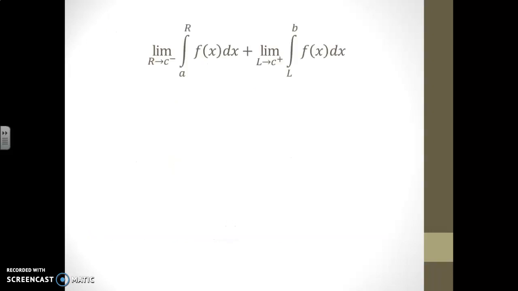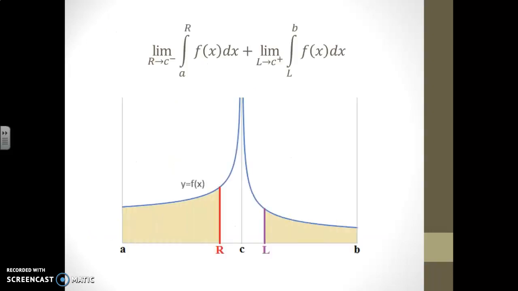Again, to help visualize, think of a scenario where we would love to integrate from a to c, but we cannot because FTC part 2 does not allow integration with a function that's discontinuous. So we will break up the problem into two signed areas, a to c and c to b.